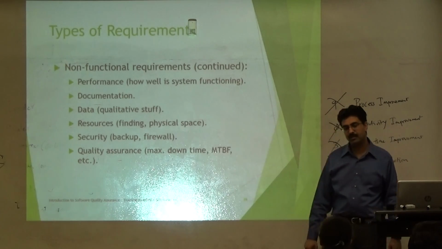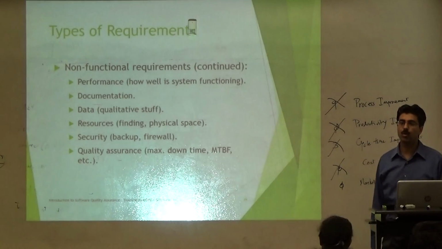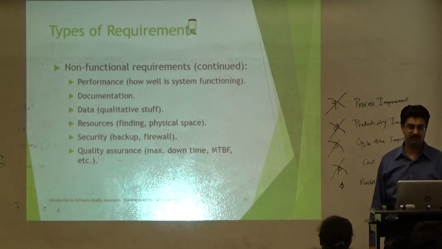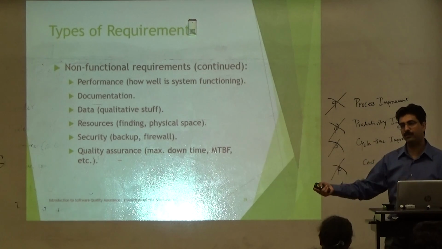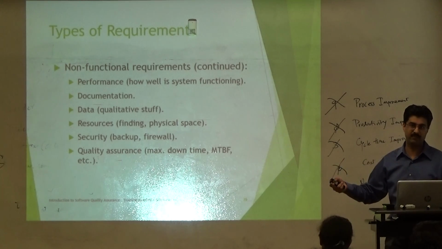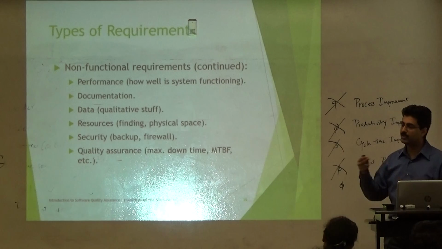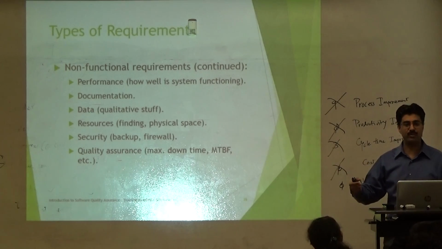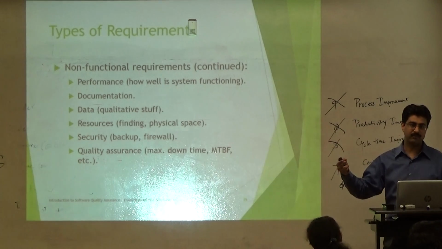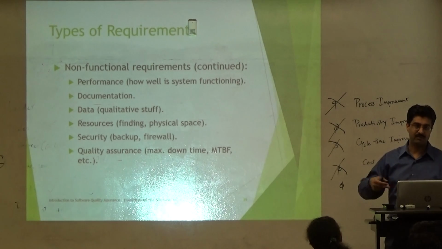Another aspect is, okay, you're talking about a system. What should be the uptime of the system? How long can it tolerate downtime? Right? So what are the normal hours of business operation? Is it a 24/7 system? Or is it only when my store is open, which can be from 8 to 8? So you need to know that, right?